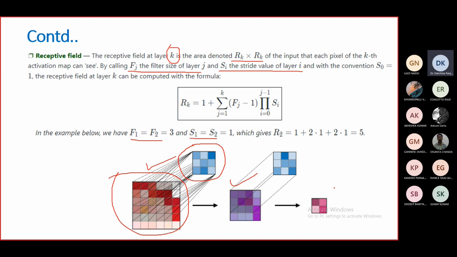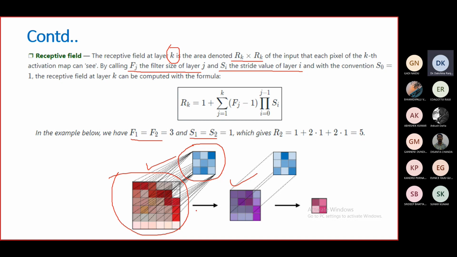Now let us consider it in another way. This is the input image, this is the filter, and here we get the convolution operation between filter and input image, and the receptive field dimension is found to be 5 by 5.